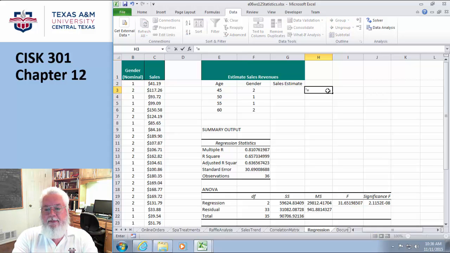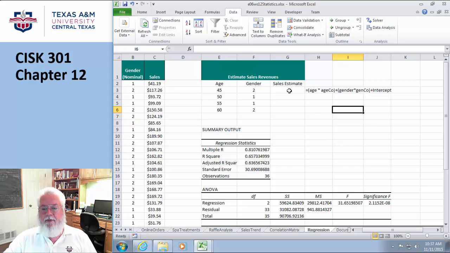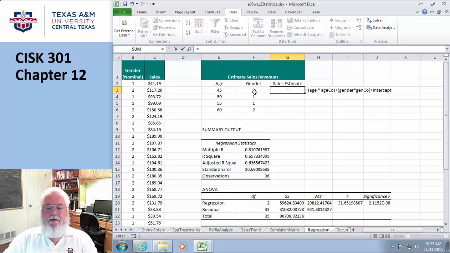So this is going to be a math that basically says the age times the age coefficient plus the gender times the gender coefficient plus the intercept. Okay, that's the formula that I want. All right, so here we go. In this case, the age is 45. I guess I should go ahead and put these in parentheses like I started.